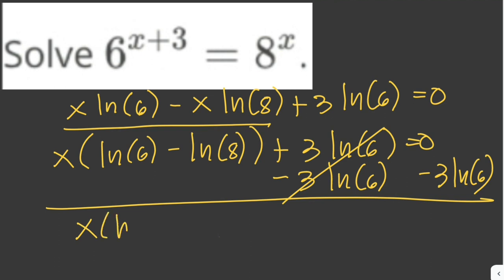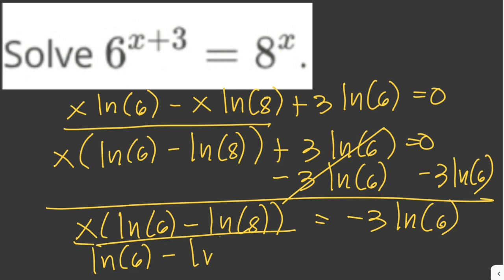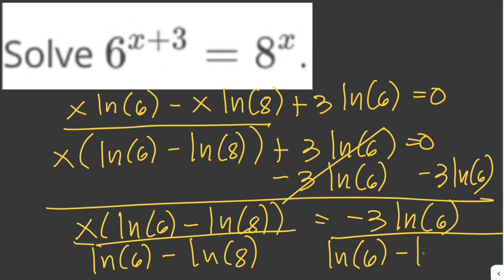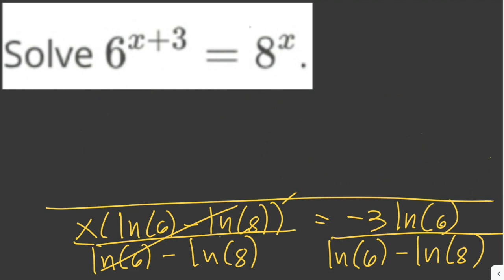Then we have x times ln of 6 minus ln of 8 equals negative 3 ln of 6. And then we divide both sides by ln of 6 minus ln of 8. This cancels out. Then this would give us the value of x.